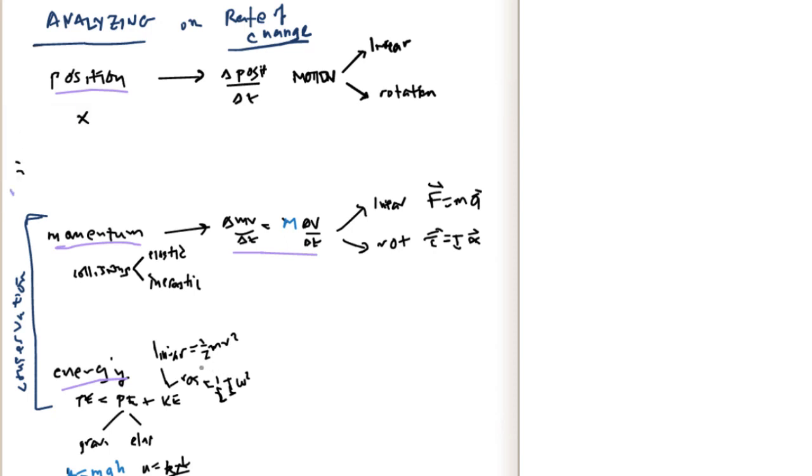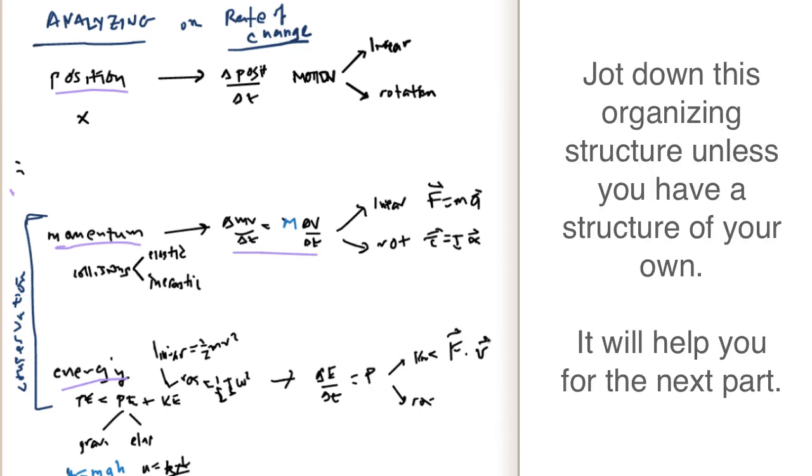So if we look at energy, the change in energy with time is simply power relationships. I believe you looked at two cases of those, linear and rotational, where the linear is the dot product of the force and velocity vector, and rotational, unsurprisingly, the dot product of the tau and omega.